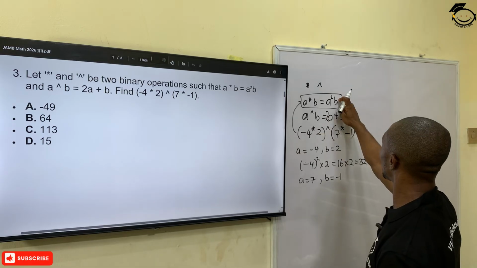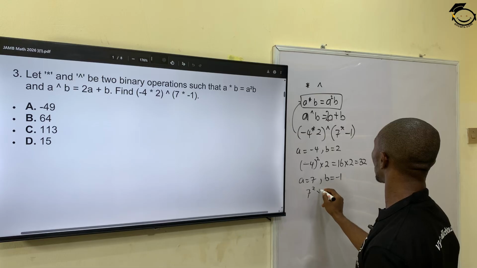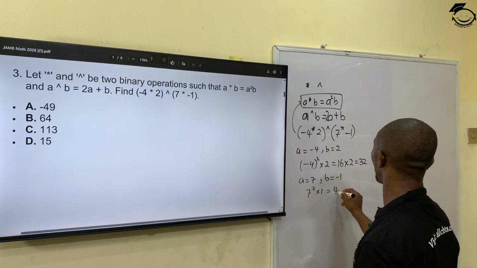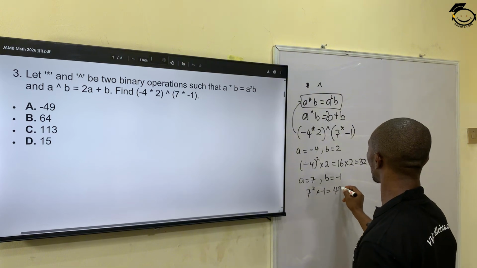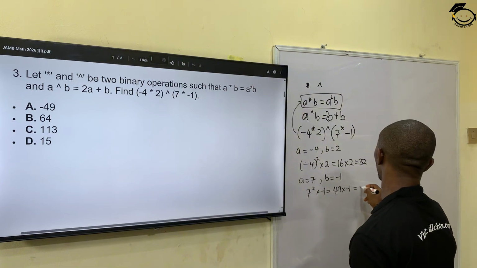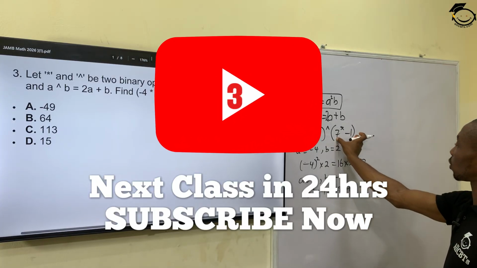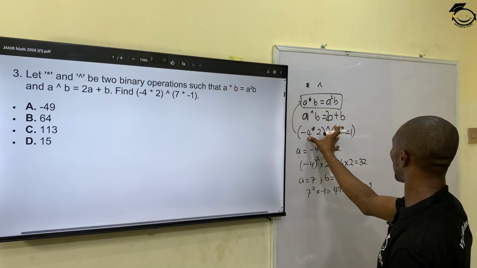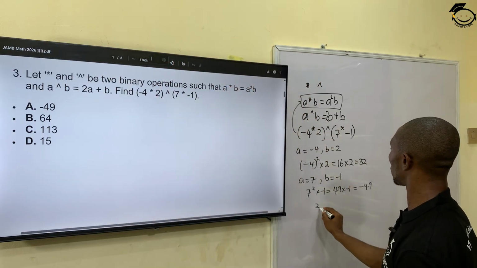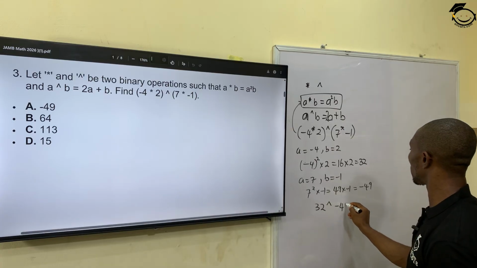So still using this, we have 7 squared times minus 1, which is 49 times minus 1, which will give us minus 49. Now, knowing that our second bracket is minus 49 and our first bracket is 32, let's replace them here. This becomes 32 and minus 49.